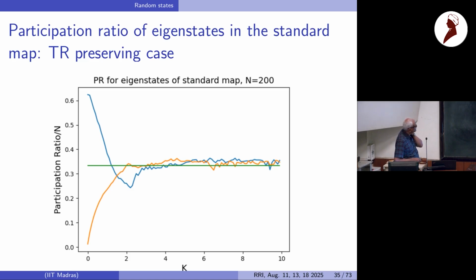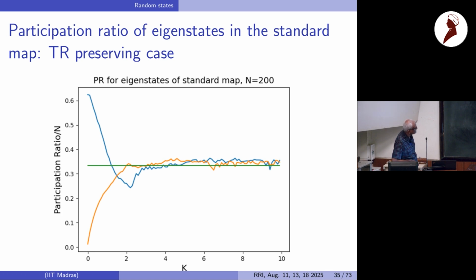You can see that in the momentum basis, it's starting from a low participation ratio. That means that the states are highly localized for small values of k, that is, near the integrable regime. And then it grows, and then it fluctuates around this line, which is 1/3, 0.33.